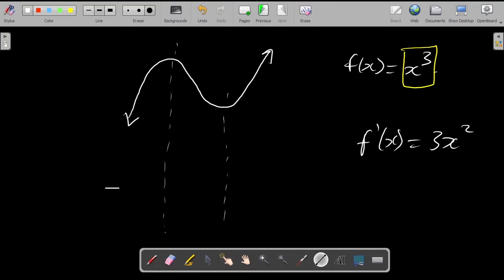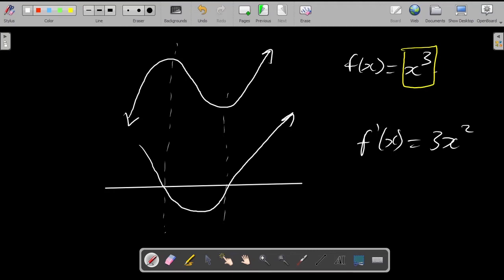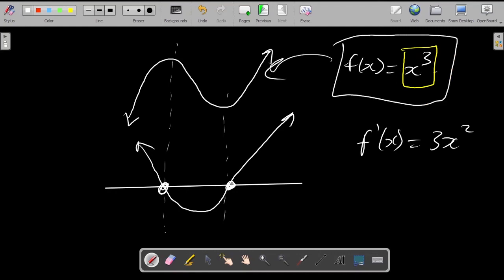I'm going to draw a line, then I'm going to have that parabola. Not the best, but I hope that the point comes across. Let's say it crosses at that point and that point. This is where we are right now, after differentiating the original graph.